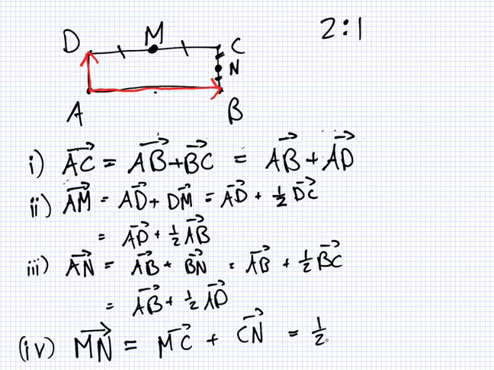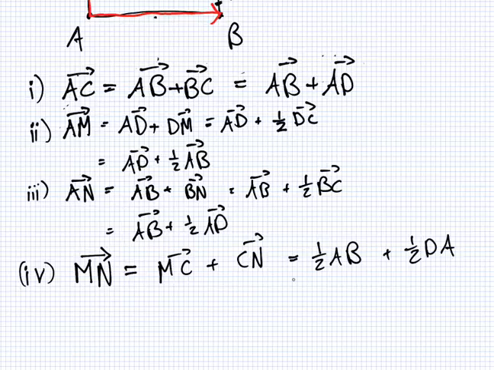A half AB, yeah. And what's CN? As you said, Ibrahim, a half DA. But we just need to fix it so that's AD. So this is a half AB minus a half AD.